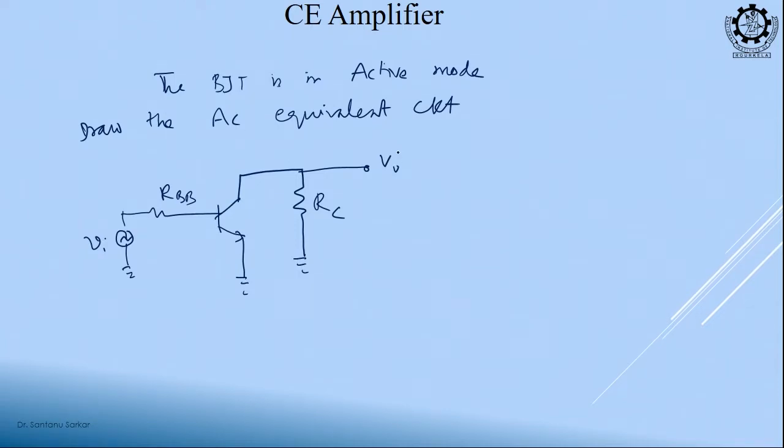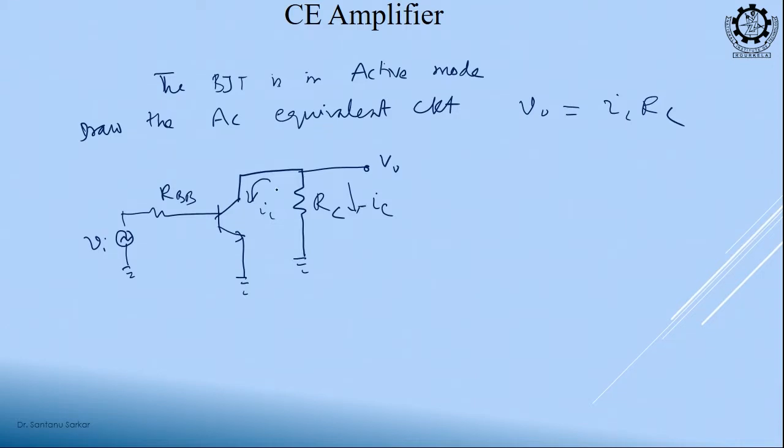Now, can you tell me what will be my V0? Suppose IC current is flowing through this. So, V0 will be the current drop across the resistance, IC RC. Now, IC is this current. KCL says this plus this should be 0. So, should this be IC or minus IC?